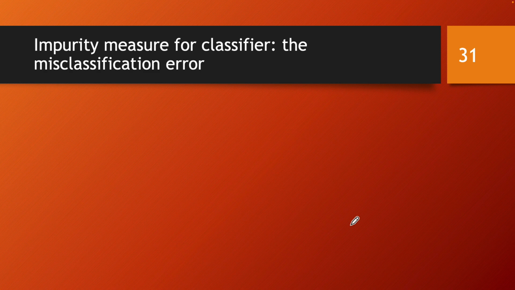Here the idea is that you would like to think about how many data points in a node are likely to be misclassified. The intuition for introducing this function is that you want to know how many data points in the node that you're looking at will be misclassified.